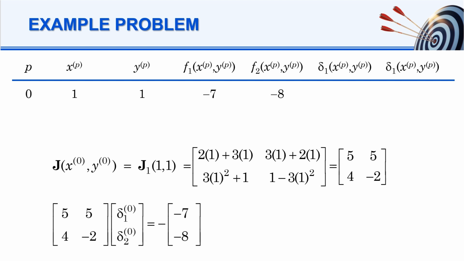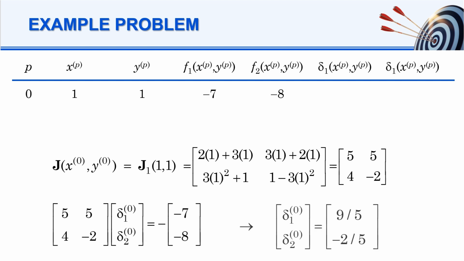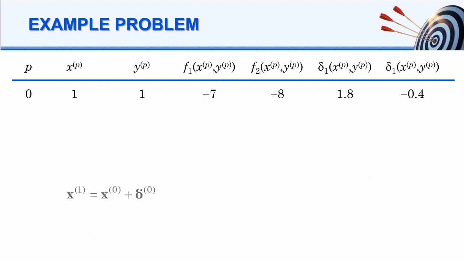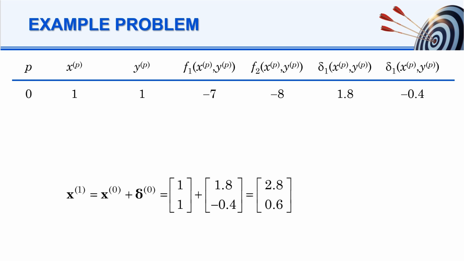Solving the resulting 2 by 2 system for the displacement vector yields 1.8 and minus 0.4. Then, we update the estimates by adding the displacement vector to the initial guess vector, which yields x1 equals 2.8 and y1 equals 0.6.